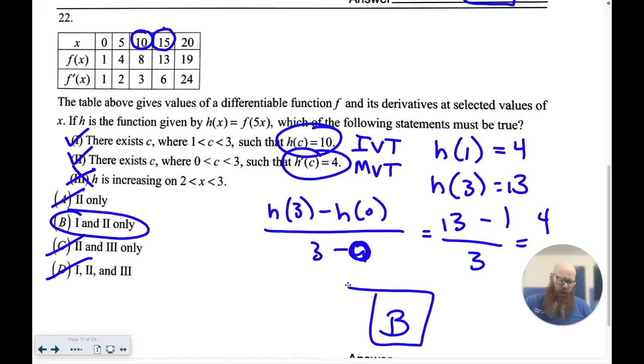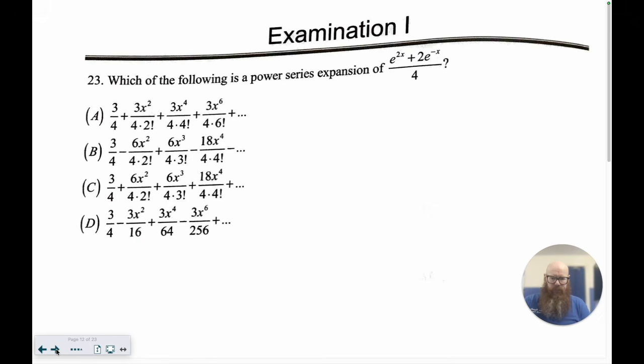All right. We are moving on to number 23. So we have a power series expansion. What I'm going to do is find these individually. What I do know is we really have to have this part down, what e to the x is.